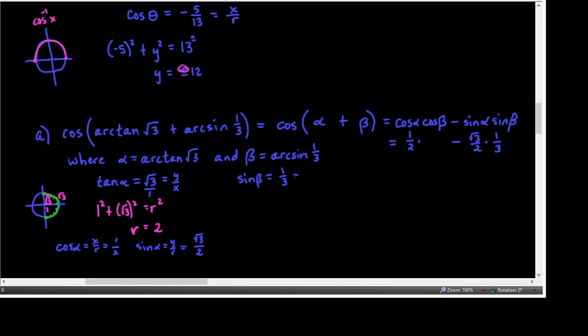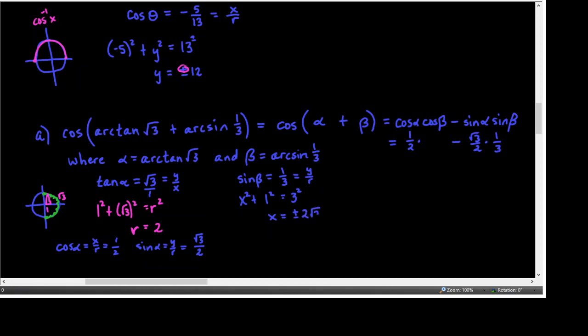Since sine is y over r, and arcsine, by the way, uses the same region of the circle that I use for tangent inverse, so it's the same idea. So x squared plus 1 squared should equal 3 squared. So x is equal to plus or minus 2 square roots of 2.